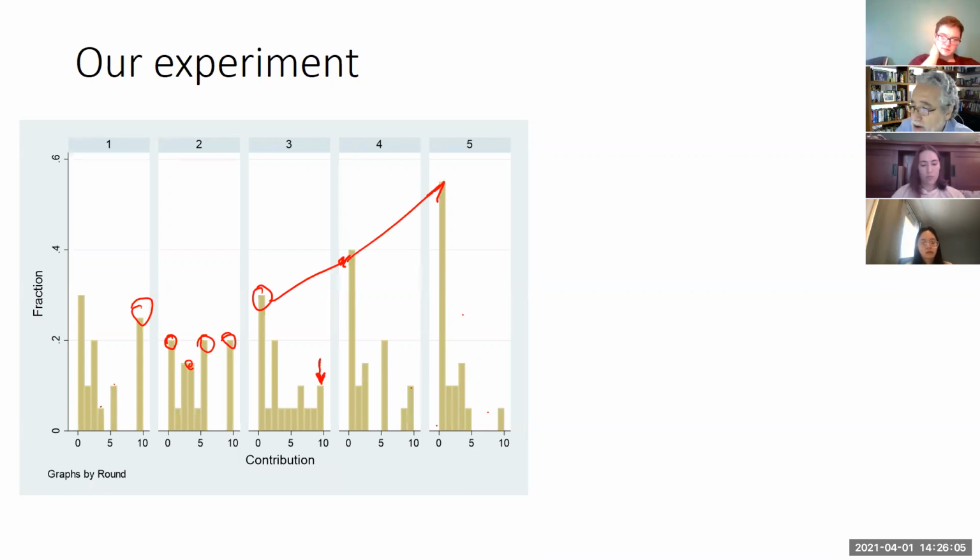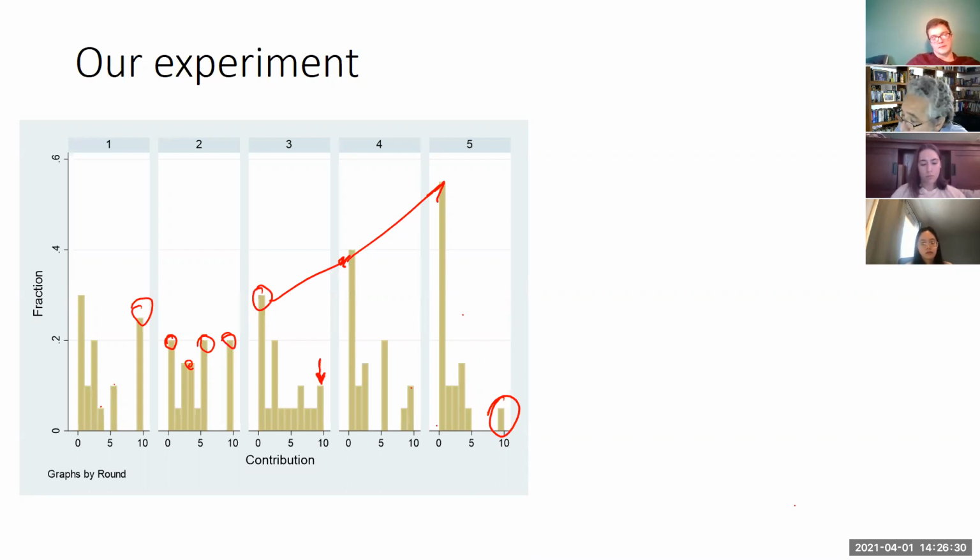And by round 5, more than half of you were investing 0 tokens. So more than half of you were keeping all your 10 tokens at that 50 cents rate. And only 10%, which means one person, still in round 5, decided to put all 10 tokens.